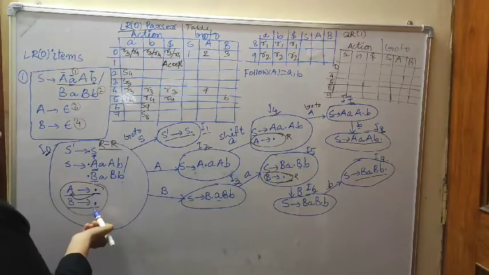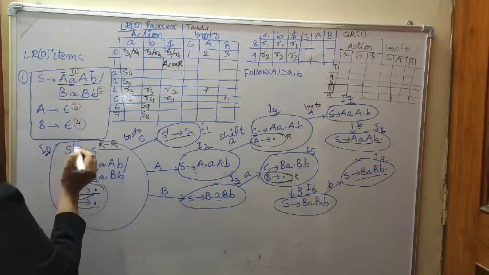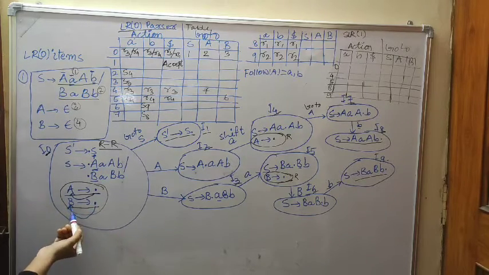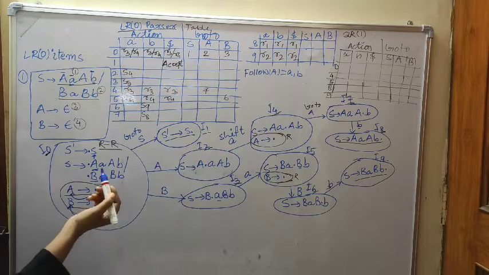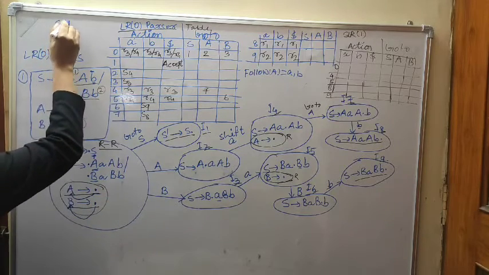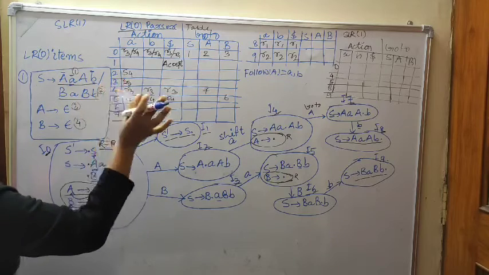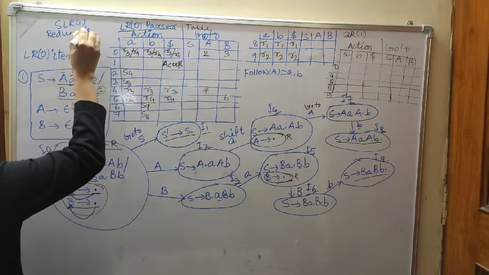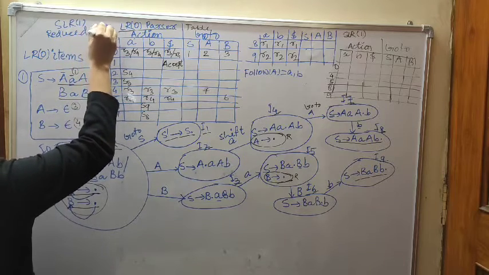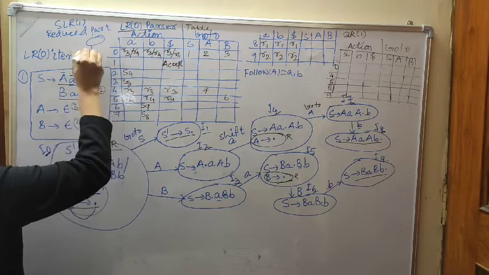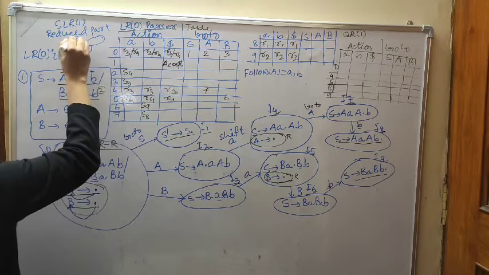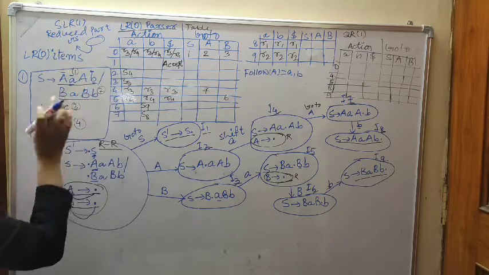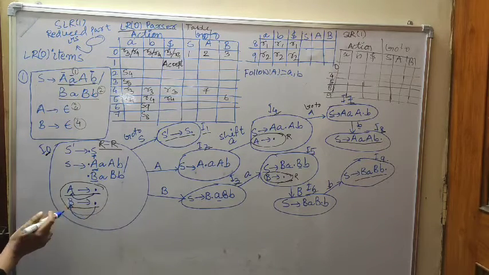Now we will check Follow of B. What is Follow of B? Here the dot is given, and on the left side is B. In SLR1 we check the left side of the reduced production rules.